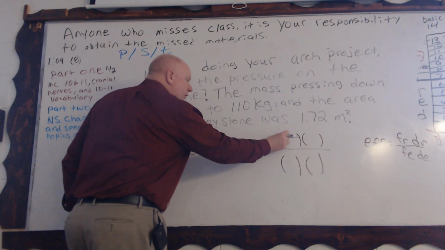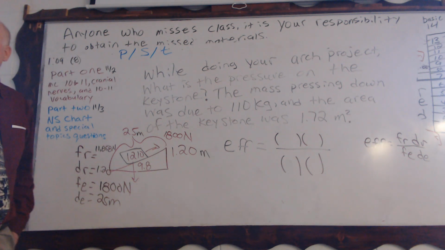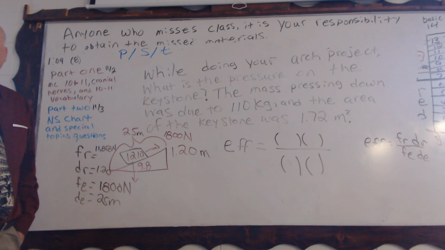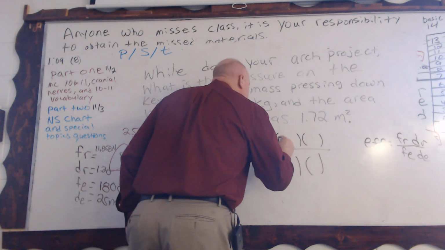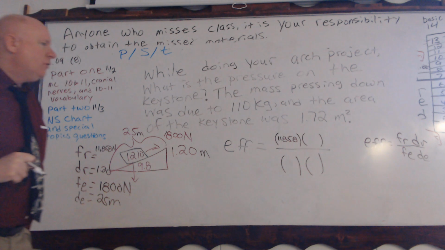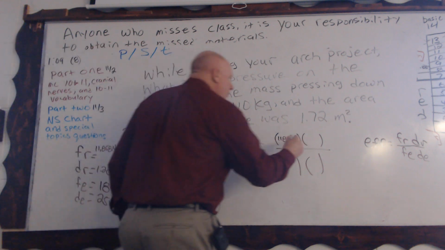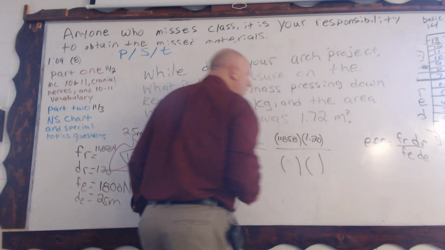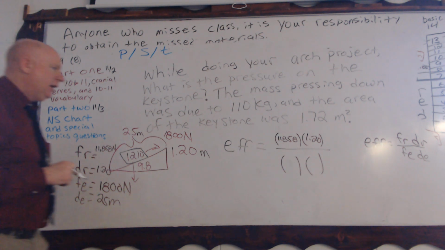So what number goes here according to that formula? What's your resistance force? 11,858. Okay, so then what is your resistance distance? Okay, that is 1.2. Okay, what is your effort force? 1,800.